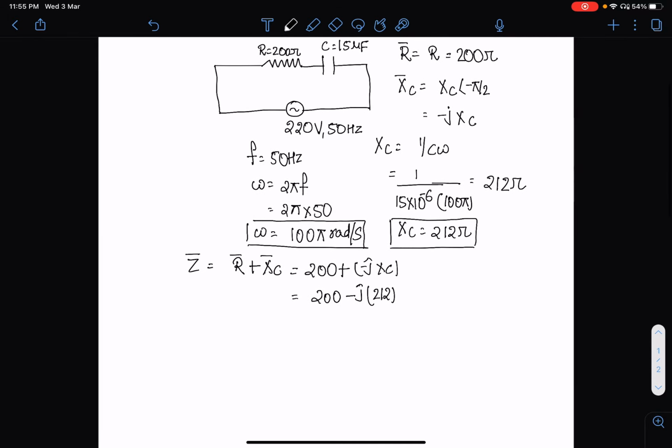So for the mod of Z phasor, the impedance, it is the square root of 200 squared plus 212 squared, because it is in the complex number form.